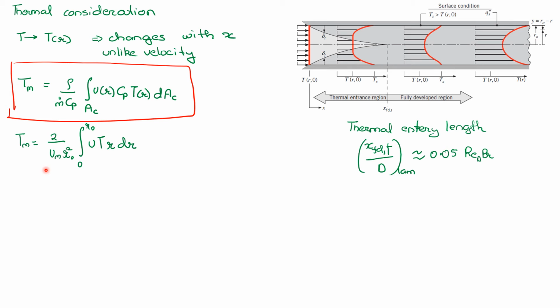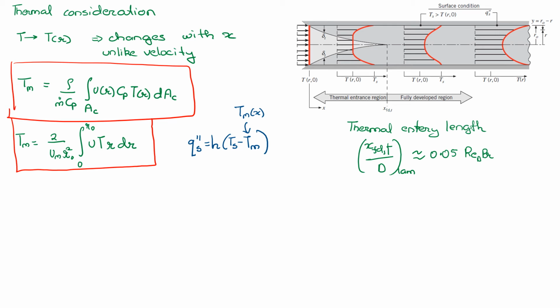So we can simplify this and write it as Tm equals 2 by r0 square, r0 being the radius of the pipe, and integrating u times T times r with respect to dr from 0 to r0. So if you're asked to calculate the mean temperature, this is the formula that you will use.